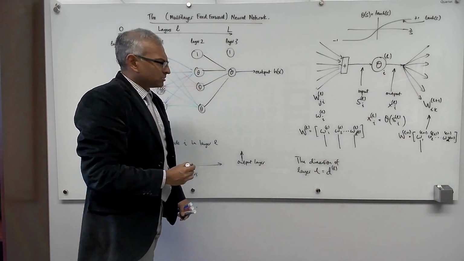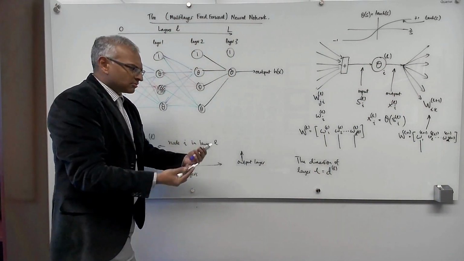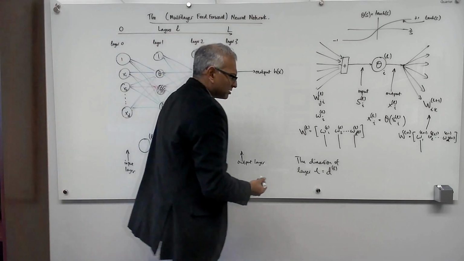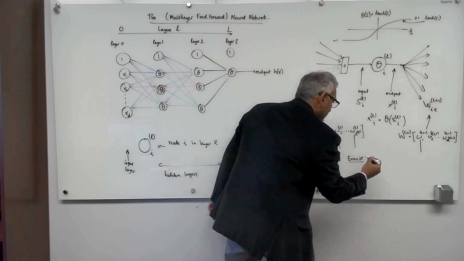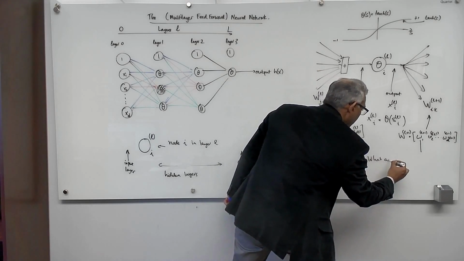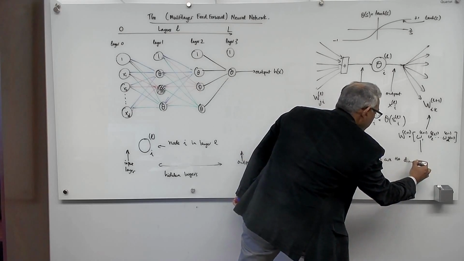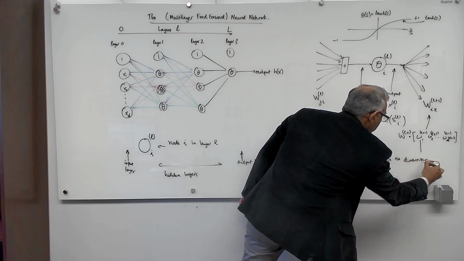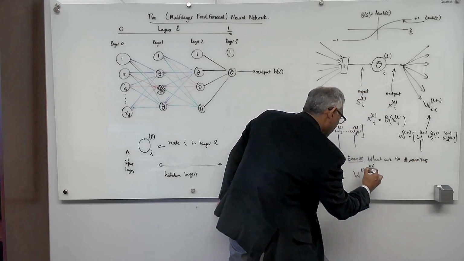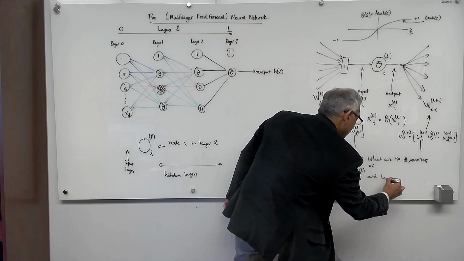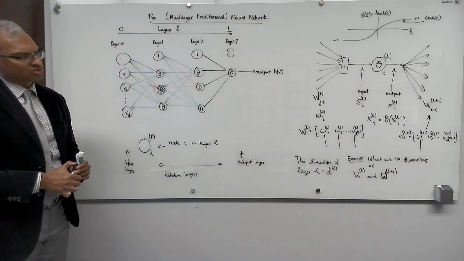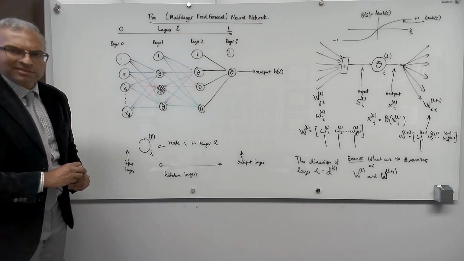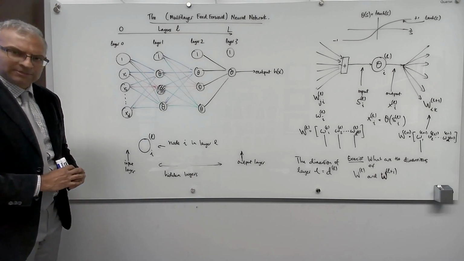Just so that you have some practice with this notation, exercise: what are the dimensions of the weight matrix WL and the weight matrix WL plus 1?